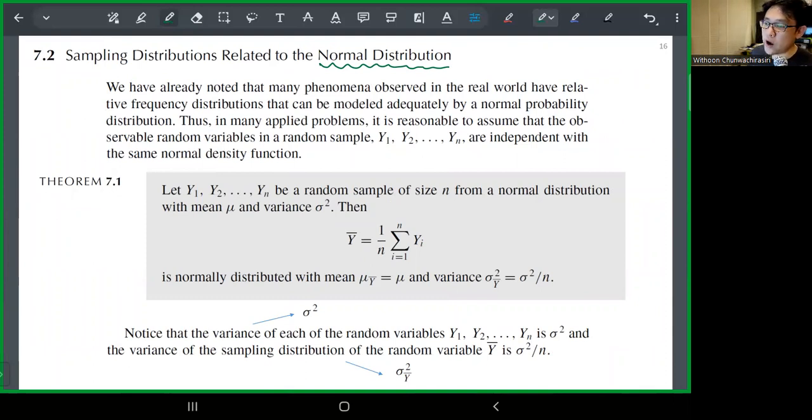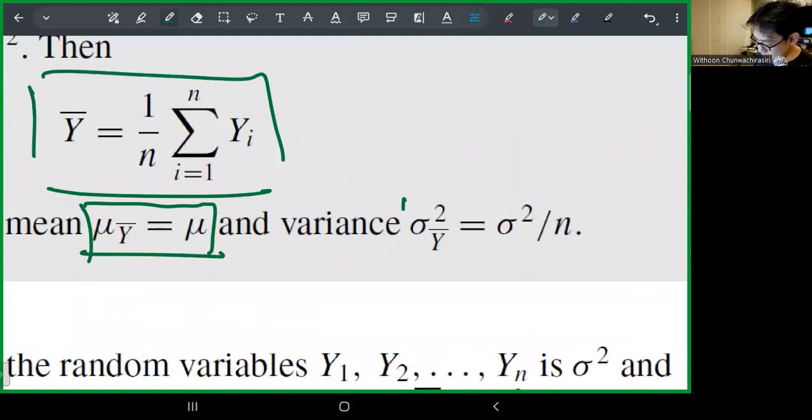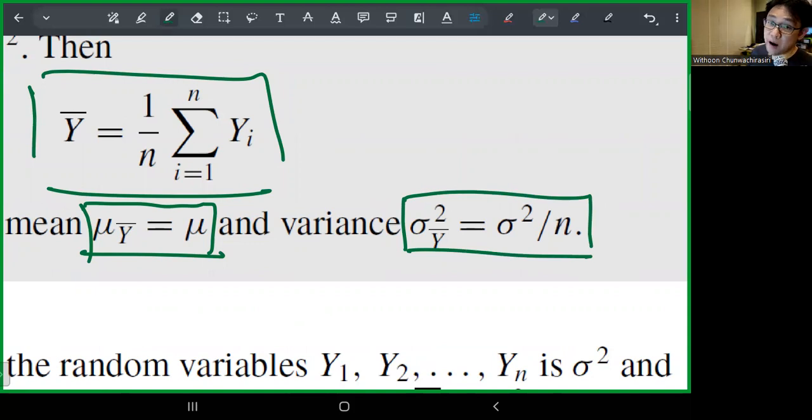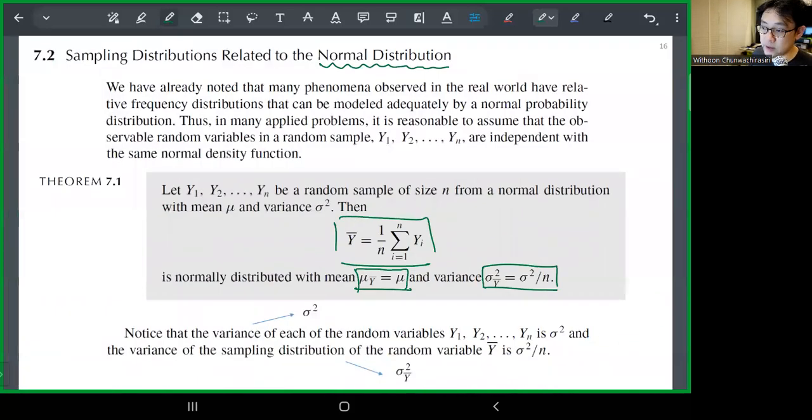Let y1 all the way to yn be a random sample of size n from a normal distribution with mean mu and variance sigma squared. Then y bar, the well-known y bar, is also normally distributed, with the mean of the sample exactly the same as the mean of the population. However, the variance of the sample will be the variance of the population over the number of samples that you draw, sigma squared over n.